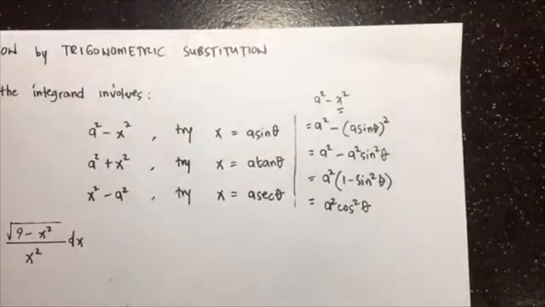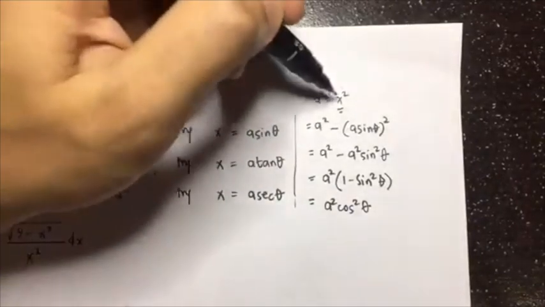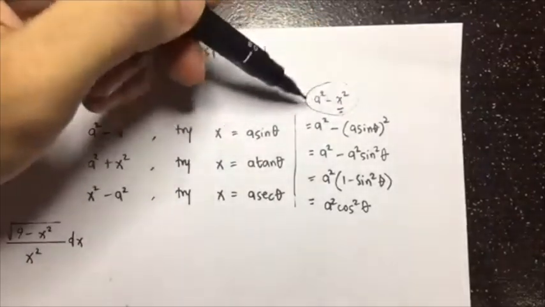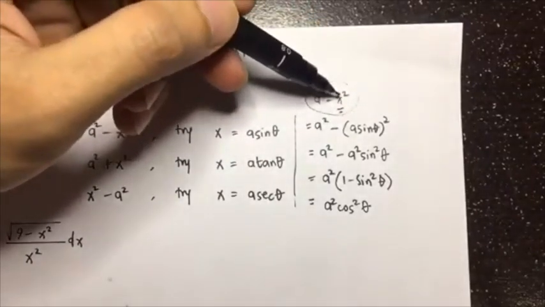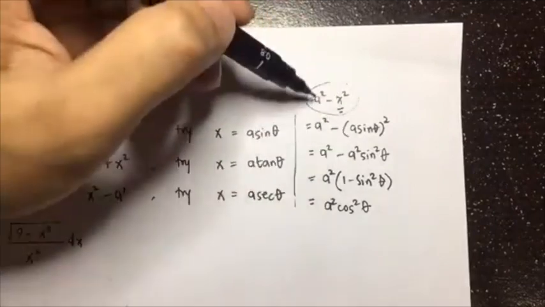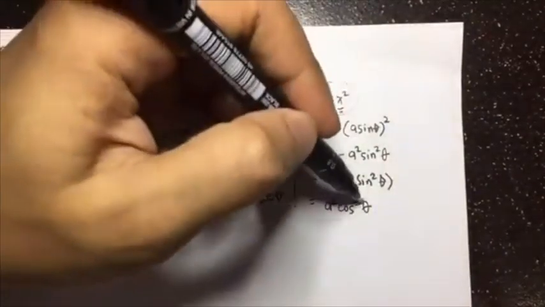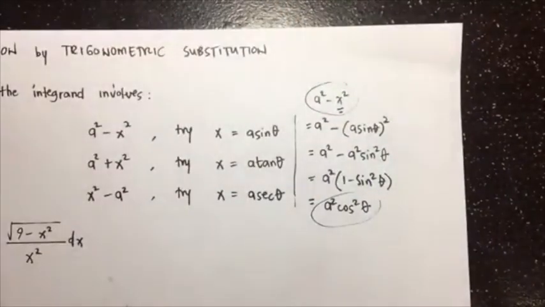With this, as we can see, from a two-term expression, we have here two terms, a squared and x squared, positive a squared minus a squared, it now becomes a single term, in the form of a squared cosine squared theta.